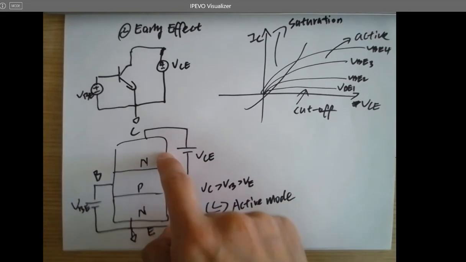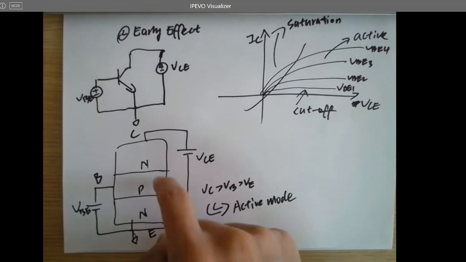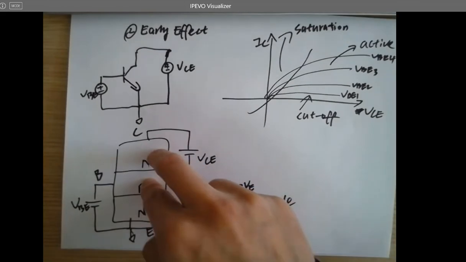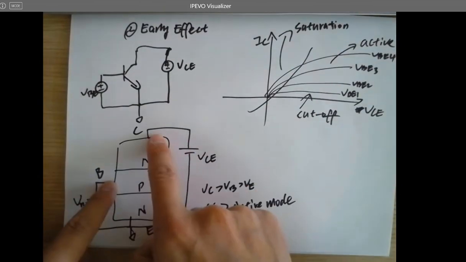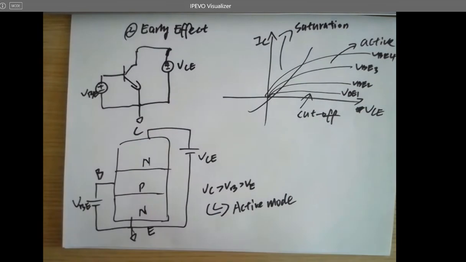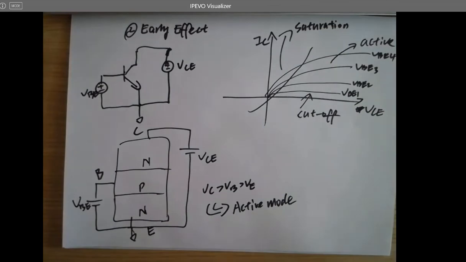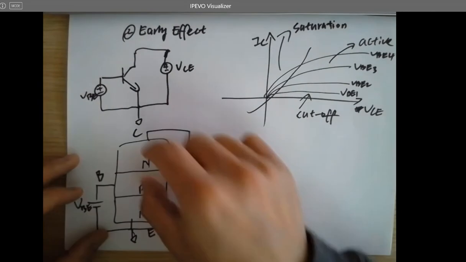Reverse biased means the N has a higher potential than P. So this junction, forward biased or reverse biased? We are not biasing it directly using a voltage source, but because these two terminals have different voltage potentials, it actually has a voltage drop. And you want that voltage drop to be forward or reverse for this PN junction. Reverse biased for this junction.